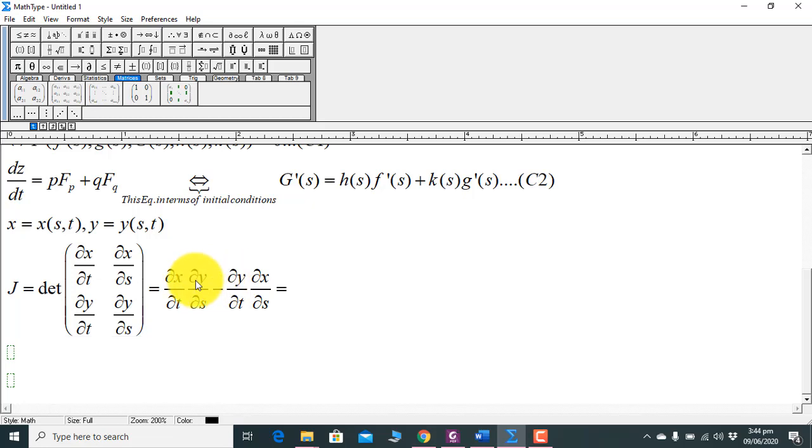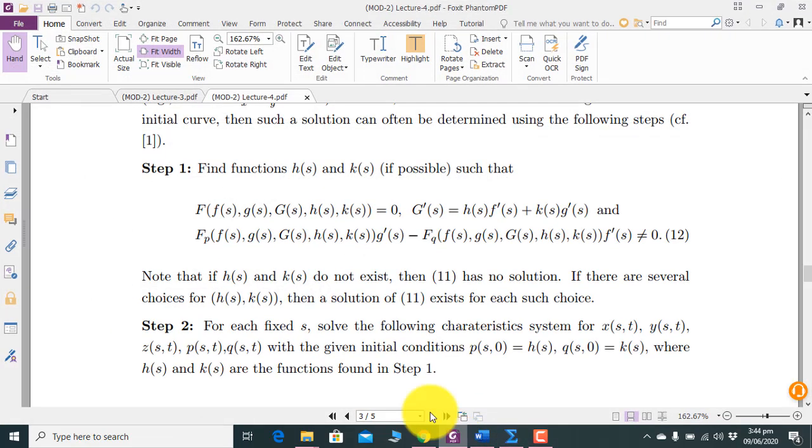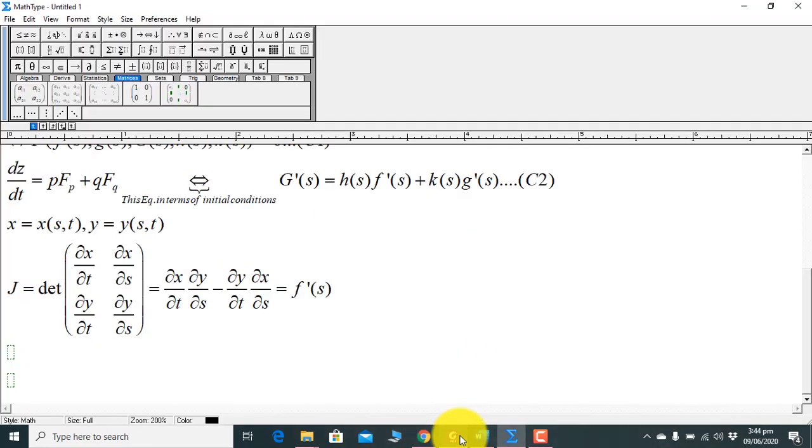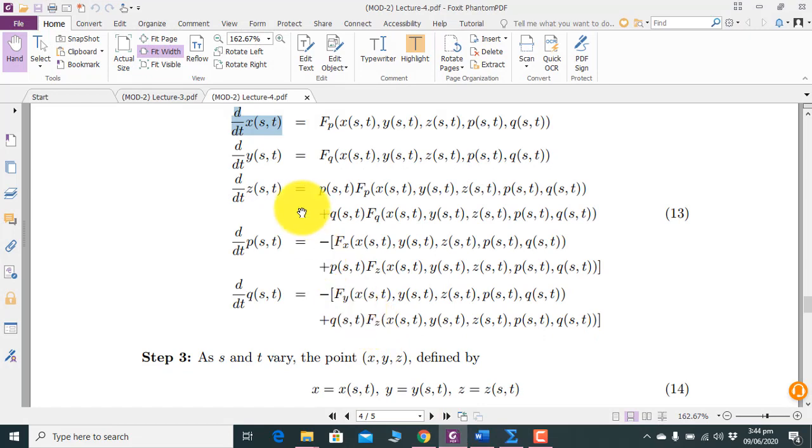You can take this equation if you are having any problem. So in terms of conditions, partial x over partial t is condition for x, and condition for x is f. So this will be f dash of s. And what is partial y over partial s? This is fq. Partial y over partial s is fq.